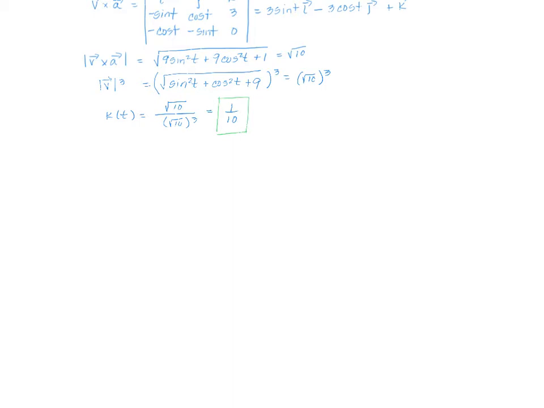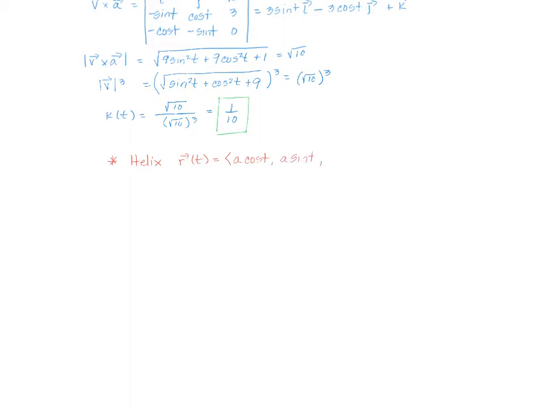So if you do have a helix, and you're free to use this, of the form a times cosine of t, a times sine of t, so circular, not elliptical, and then the last term, b times some value of t.